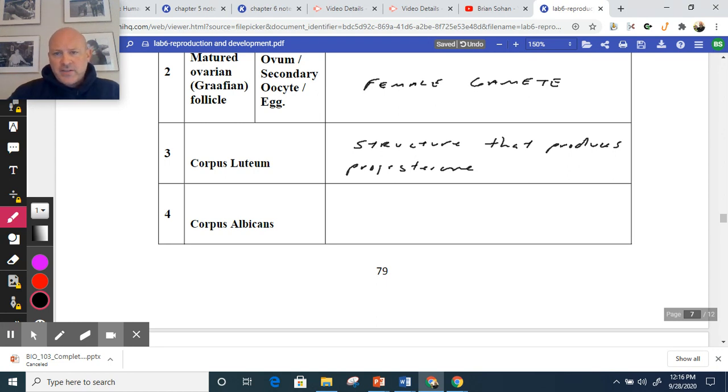However, if the egg cell does not become fertilized, the corpus luteum will degenerate as the macrophages of the immune system begin to break this down, and this structure gets filled with collagen. It becomes visible in a microscope. In fact, corpus albicans literally translates into white bodies, and you could see them. They're there. Okay, so these are structures that form as a result of the degenerated corpus luteum.